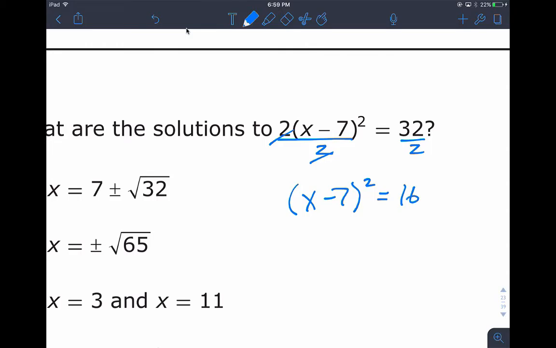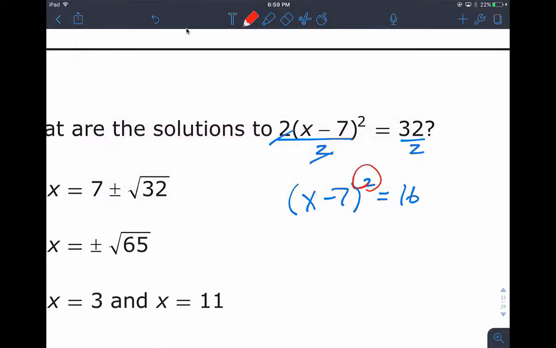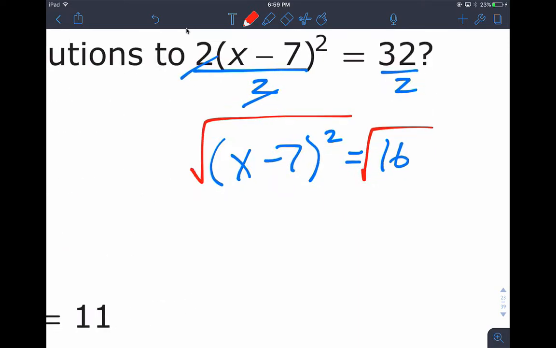Now, just like before, if I want to get out of squaring something, I can do the opposite of squaring something. I'm going to do the square root. So that'll be x minus 7, and then the square root of 16 is 4, but don't forget, there's technically 2 answers. If you had x squared equals 16, there's 2 answers that make that work, positive 4 and negative 4. So we got to put this plus minus sign out in front.